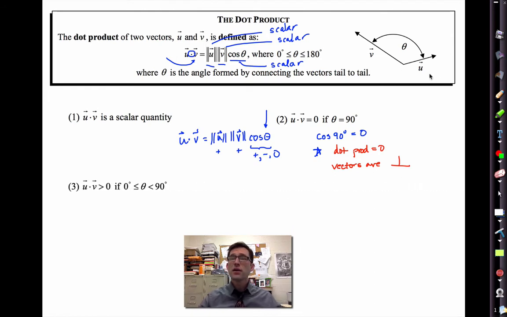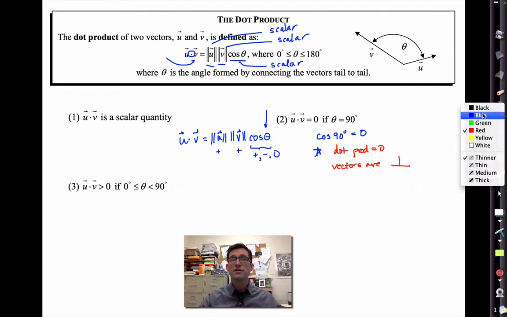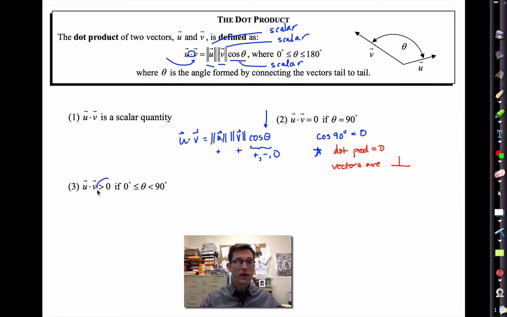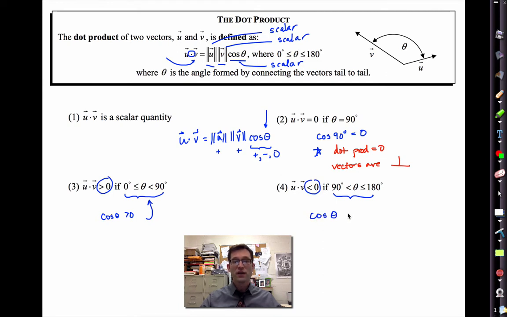But we can go a little bit further. We can say, look, the only way that the dot product is going to be a positive number is if the angle between the vectors is between 0 and 90, because the cosine of that angle will be positive in this interval. Likewise, we can also say that the only way that the dot product is negative is if the angle is between 90 and 180, because in this area, cosine of theta is less than 0.